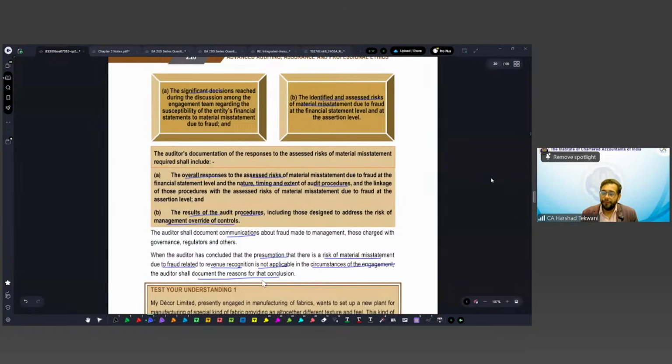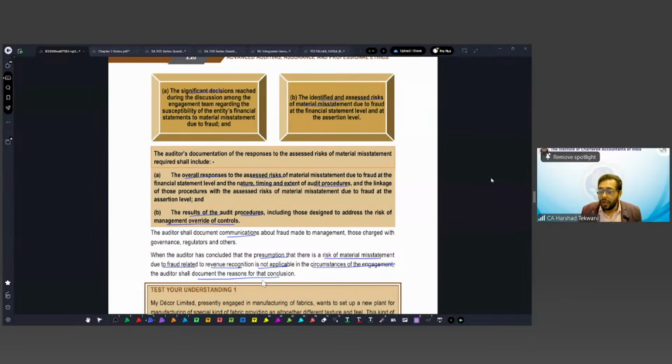Yes. If you are not able to respond to the risk of material misstatement due to fraud, when I say I'm not able to respond, it means I'm not able to perform audit procedures, or I'm not able to design audit procedures. There's a difference. If I have designed and performed the audit procedures, I have responded, but the outcome of that response is getting sufficient and appropriate audit evidence.